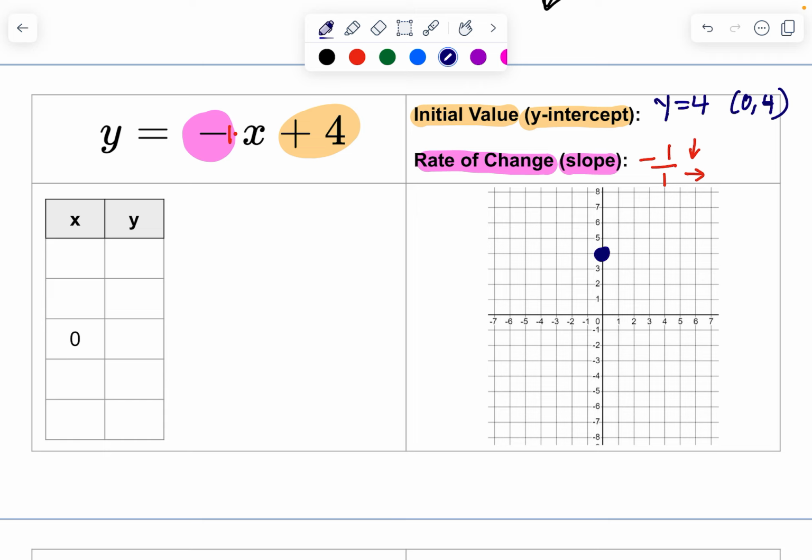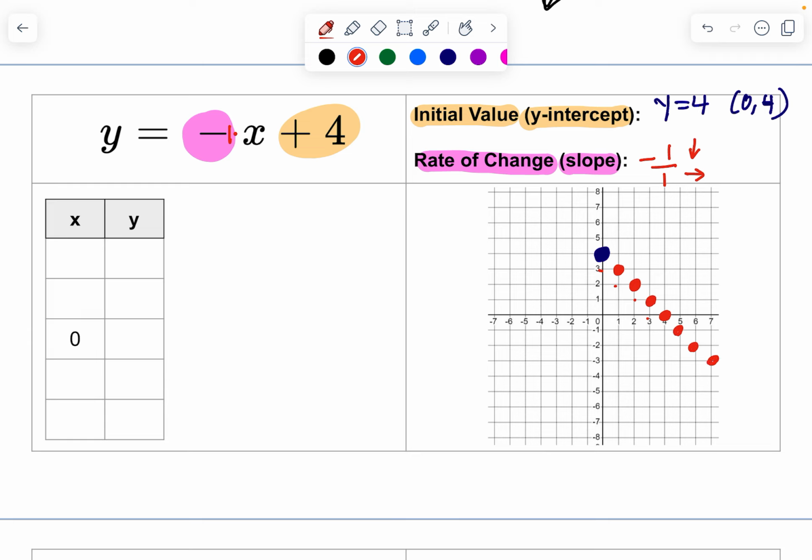And I'm going to plot that right there on the y-axis. That's my starting point. Again, let's use my pattern. My slope is -1, so I'm going to go from the starting point, down 1, right 1. Here's a point. Down 1, right 1 from that next point. Down 1, right 1 from the last point. And just continue this pattern.